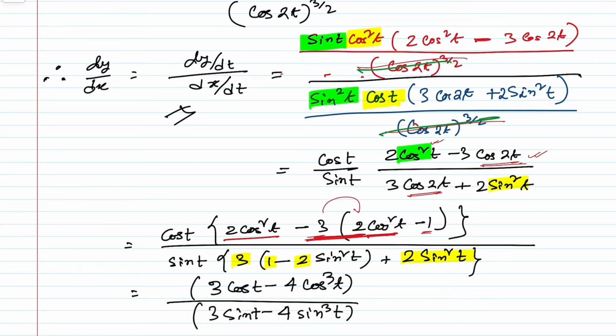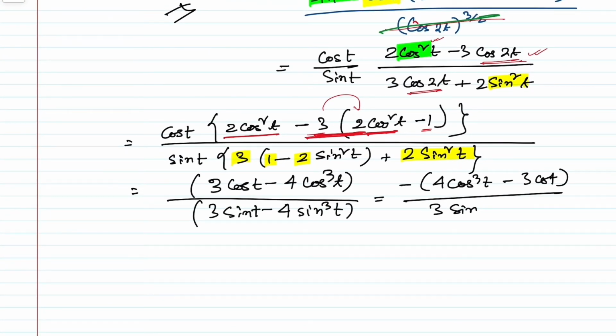Hope you have understood this. If you take the minus sign common from the numerator, we get 4 cos cube t minus 3 cos t, and in the denominator 3 sin t minus 4 sin cube t.